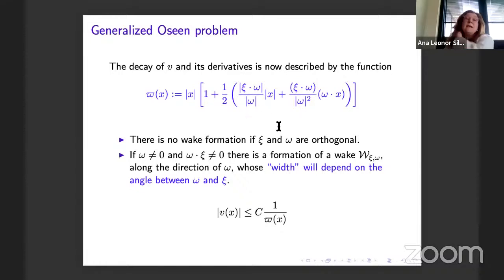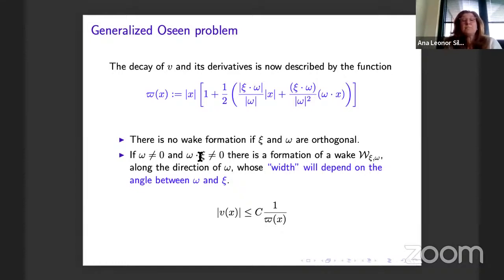So for instance, if translation and rotation are orthogonal, then this term here is going to disappear, and it's like we only have, let's say, a Stokes flow, okay, when we are in the linearized case. And in this case, we don't have the formation of the wake.